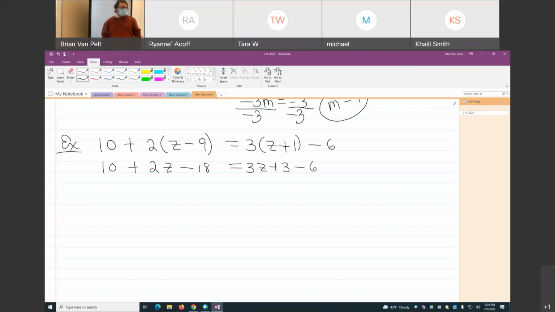Your first step should have been to make the parentheses disappear. You see where I'm getting 2z minus 18? You guys should play poker because you're not giving me anything. Do you know where 2z minus 18 came from?